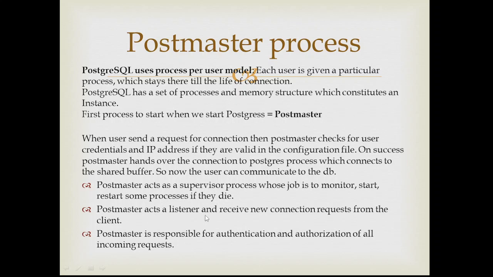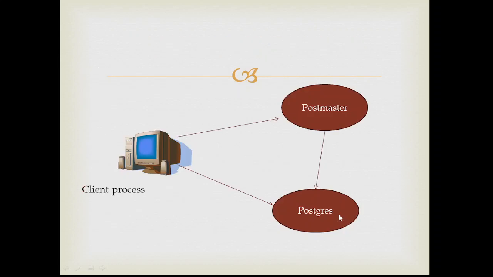Postmaster acts as a listener and receives new connection requests from the client. When a client wants a connection, it gets in touch with the Postmaster. Postmaster accepts its request and validates everything based on the configuration files, IP address and so on, and then hands over the process to the Postgres process.